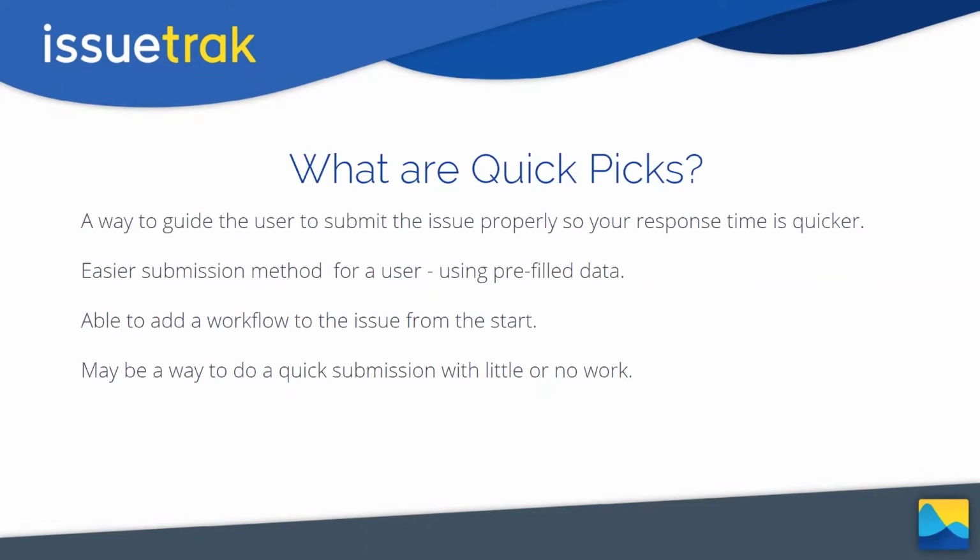I also want to provide a process so that as soon as that issue is submitted, someone is notified. It may be someone in facilities, personnel, or someone else, but everybody is going to be notified. I'm also trying to pre-fill as much data as I can so I can help that user have a better experience submitting that issue.